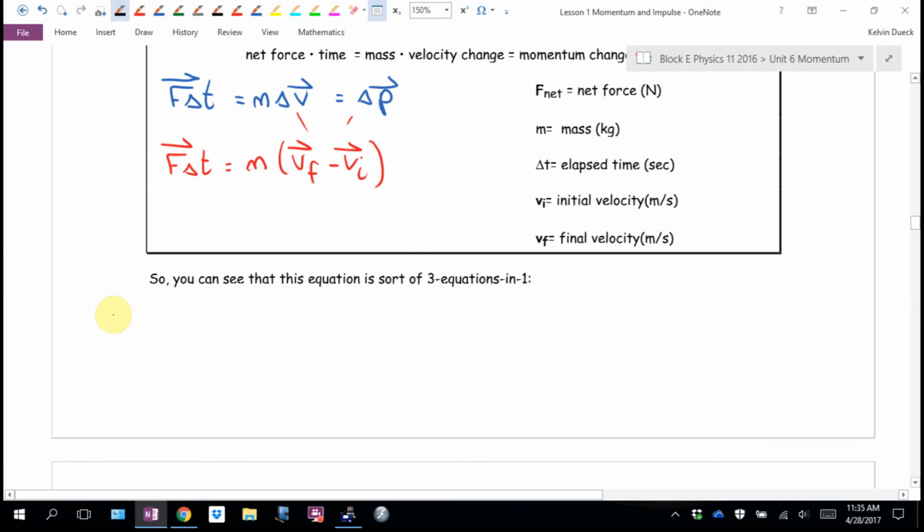You can think of it as F delta T equals m v final minus m v initial. Where'd that come from, Mr. Dewick? I multiplied the m back into the bracket and FOILed it out. You can think of this as impulse, change in momentum, equals m v final minus m v initial.